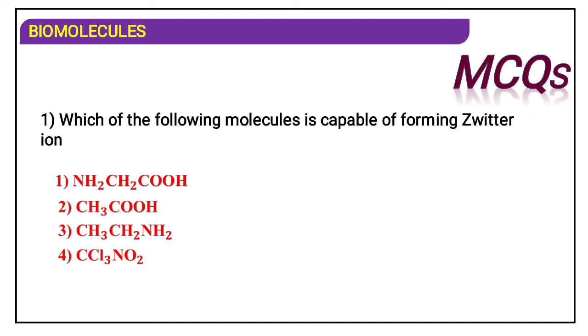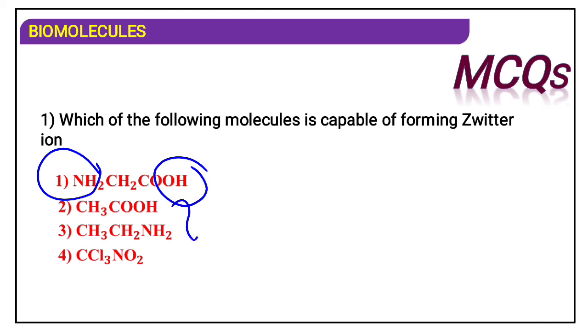When you discuss the properties of the zwitterion, the amino acid can lose a hydrogen from the COOH, and the NH2 group can accept the proton donated by COOH. The COOH group can donate the proton, and the NH2 group can accept that proton. Such a type of molecule is called a zwitterion.